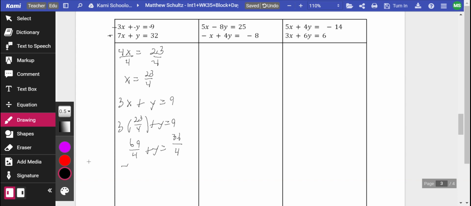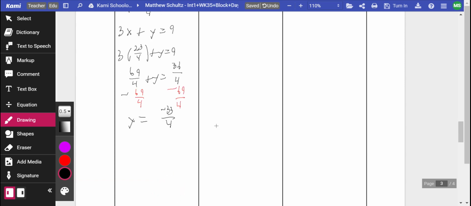I'm going to minus 69 over 4 on both sides. And I will get y is equal to negative 33 over 4. So my solution is going to be 23/4 and negative 33/4. Something that's not so good.